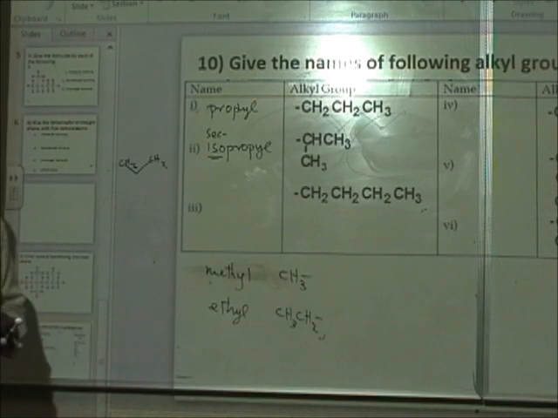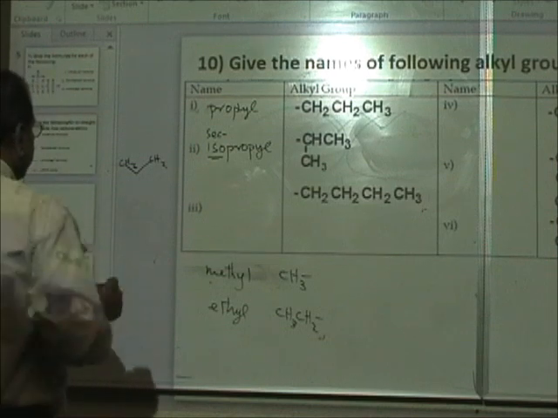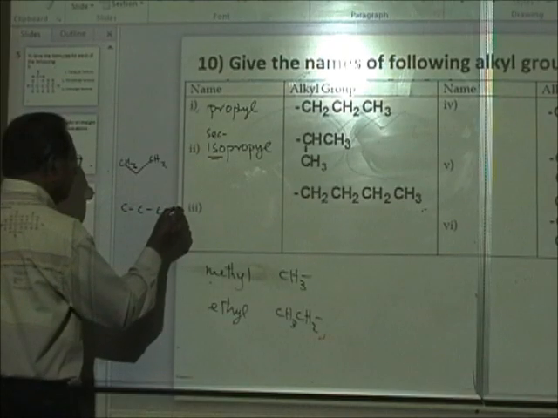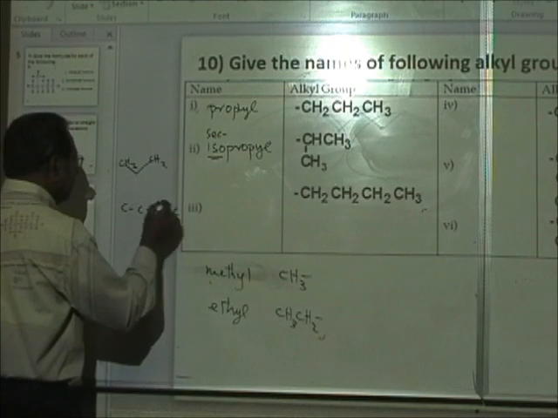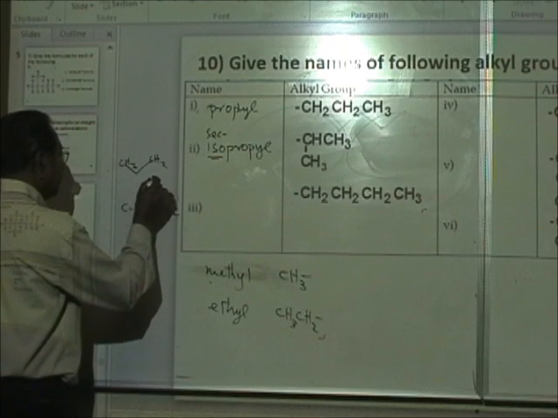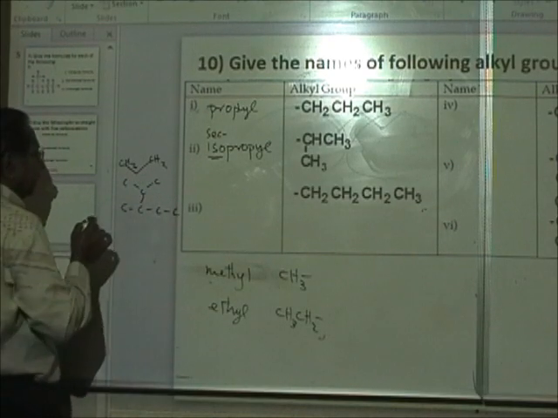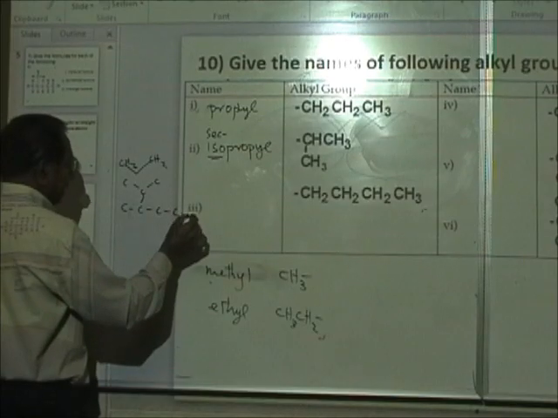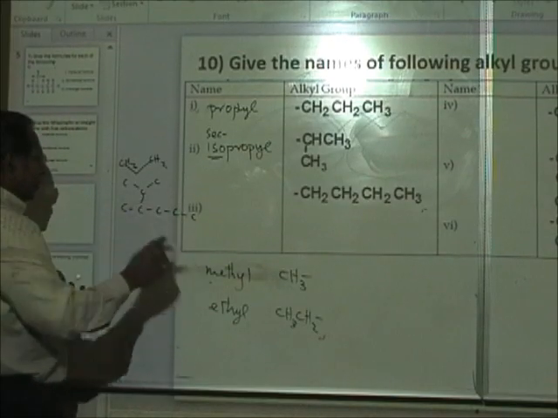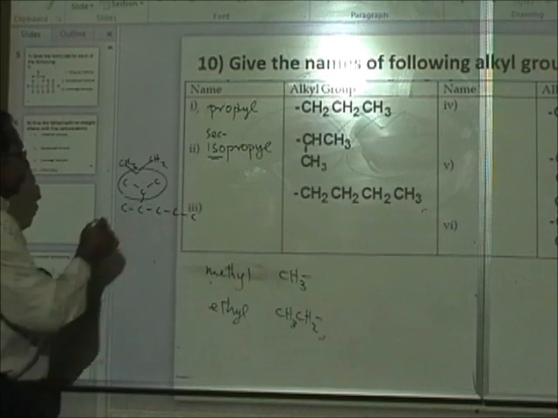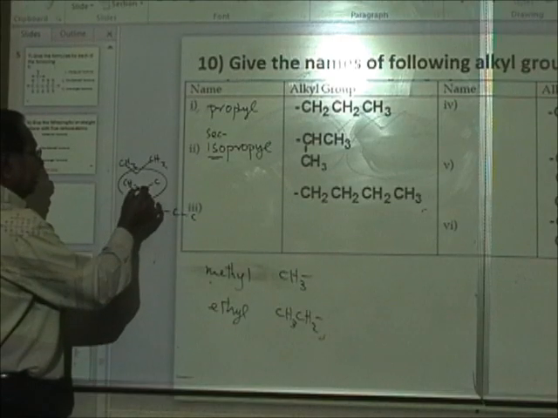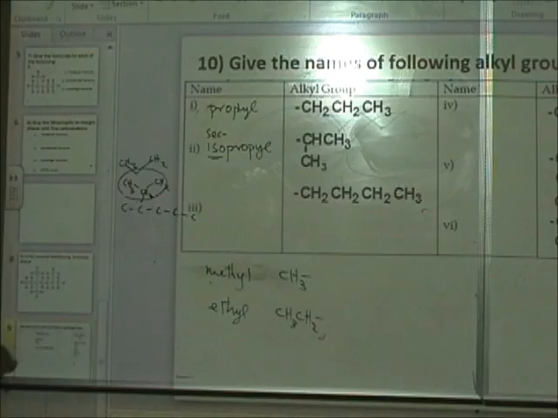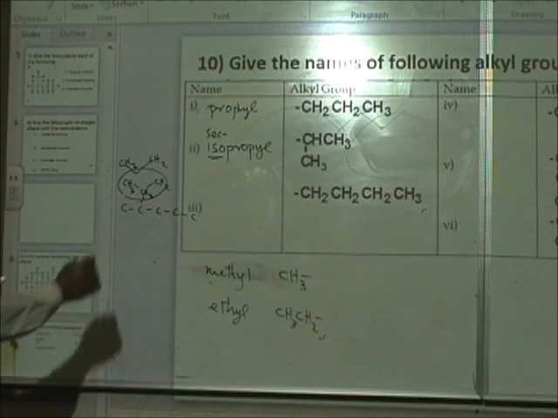If you have something like carbon, carbon, carbon, carbon here, attached to another carbon, carbon, carbon here. So this is a butane. Let me make it pentane because it's the longest chain. This substituent now is going to be what now? It's going to be isopropyl, right? 2 isopropyl.